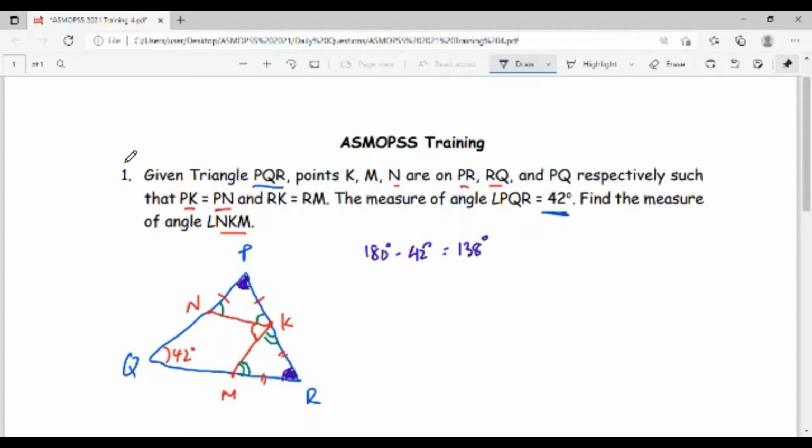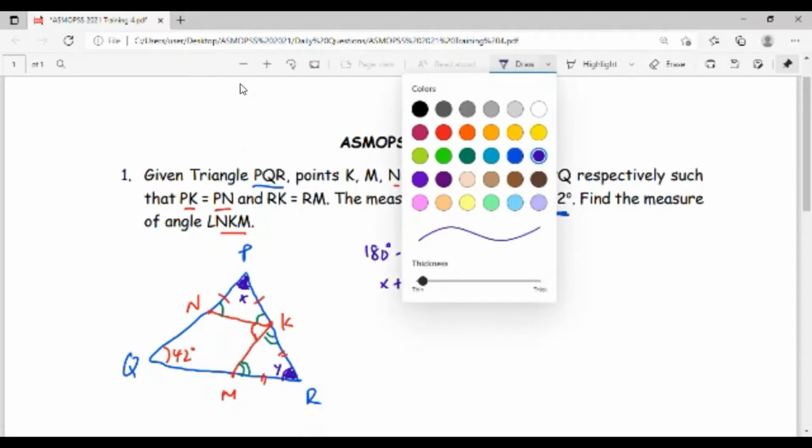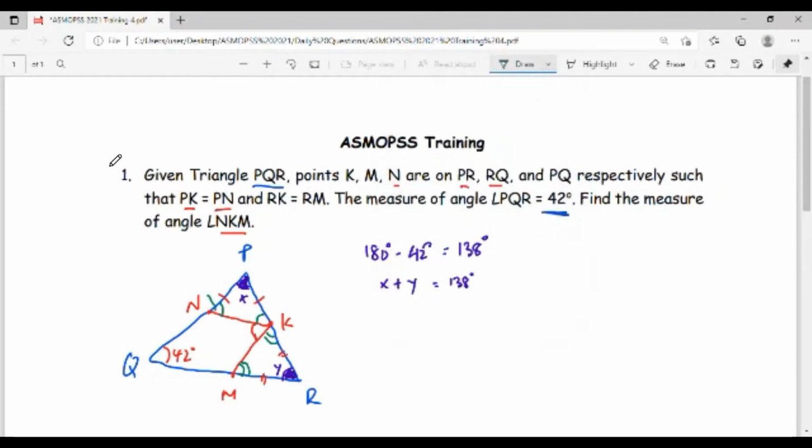138 degrees. So let's call this angle X, this angle Y. That means angle X plus Y is equal to 138 degrees, right? Then if we combine X, Y, and also the other four unknown angles, let's call the angle here alpha and the angle here beta.